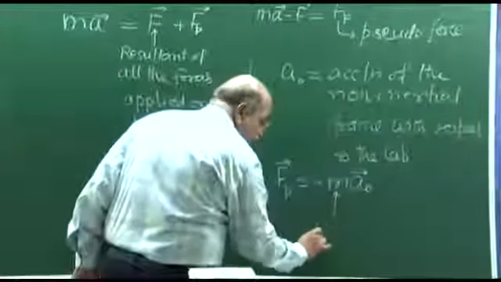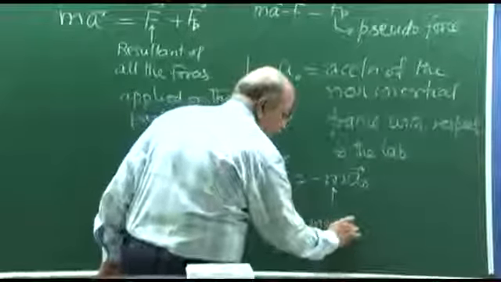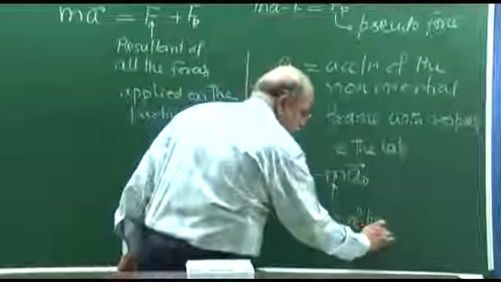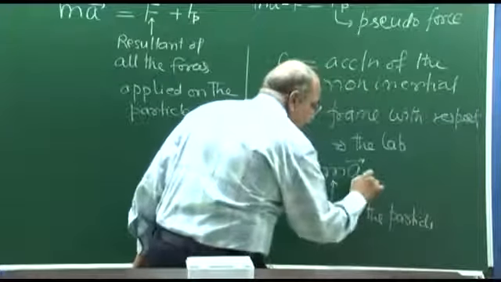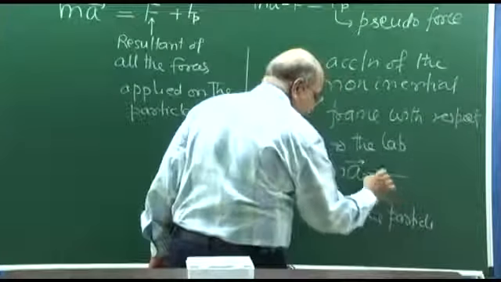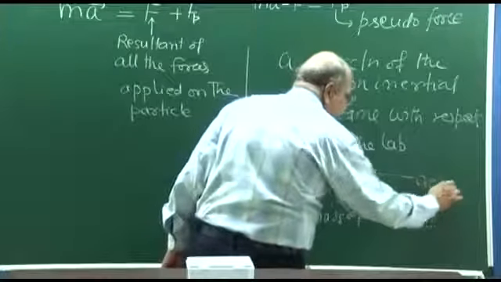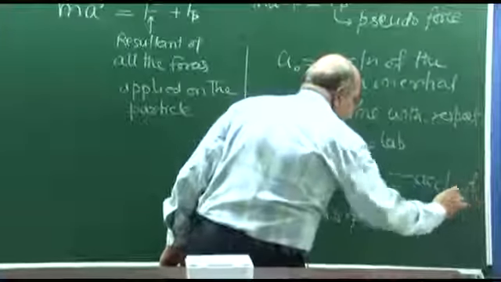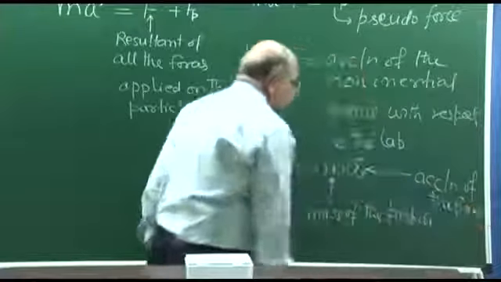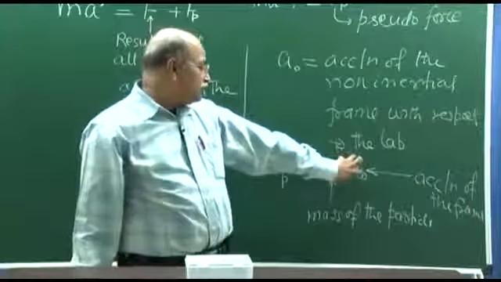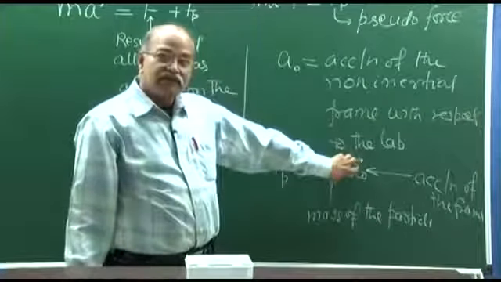Look at the structure. This is the mass of the particle, and this is the acceleration of the frame. So, this is an artificial kind of structure, a mathematical quantity.